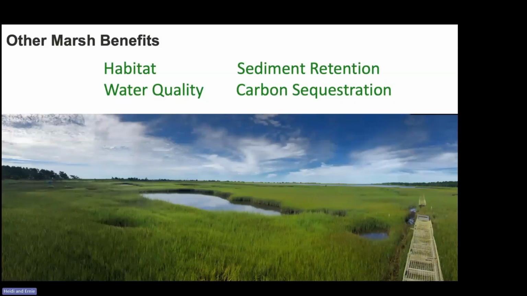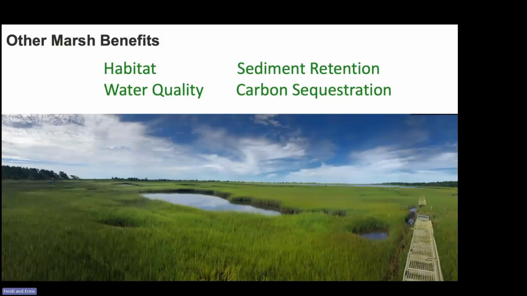The studies I've shared provide convincing evidence that a marsh can dissipate wave energy and reduce flooding. However, the prediction of this benefit is not robust. Modelers still calibrate drag coefficients with in situ measurements at specific sites for specific storms, but we know that fitted drag coefficients are sensitive to plant morphology. That's one of the things I'm going to show today, and they cannot be used with confidence at new sites with different vegetation or even in different seasons at the same site.